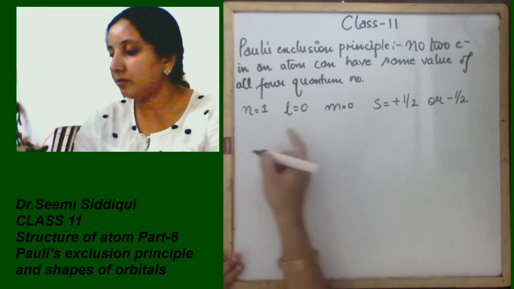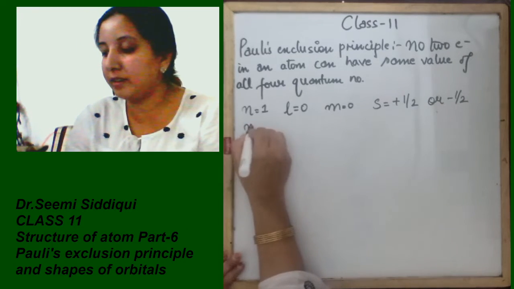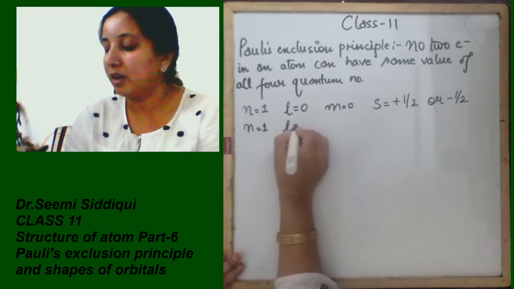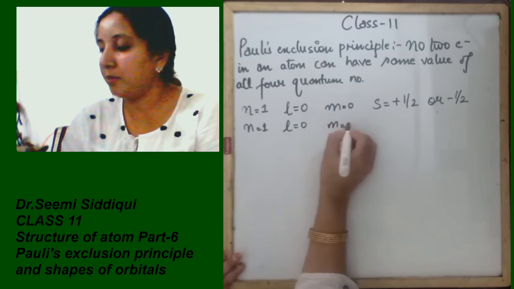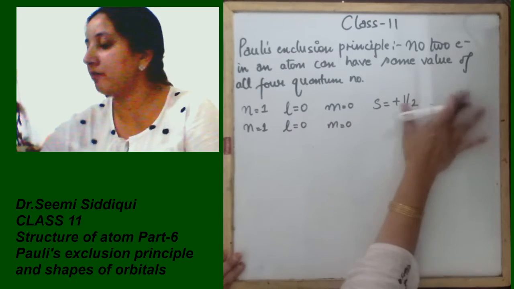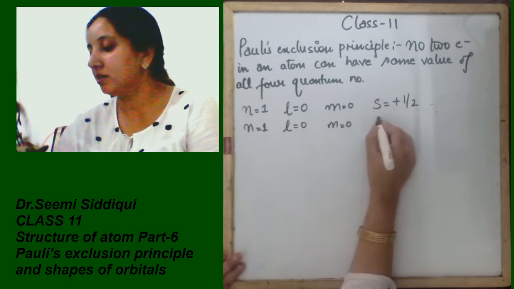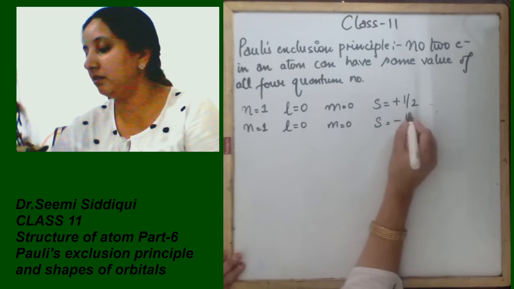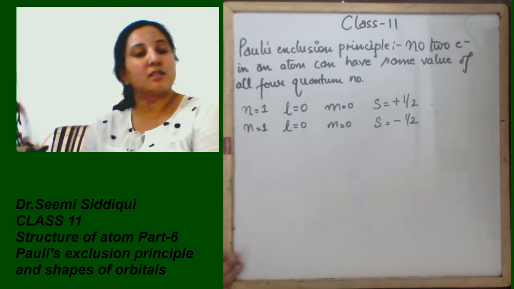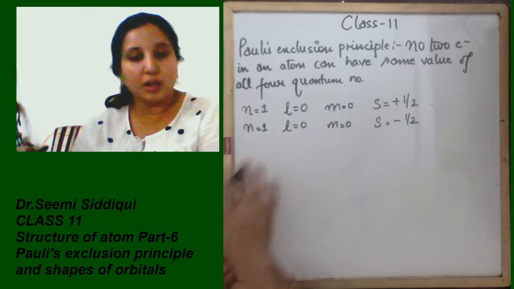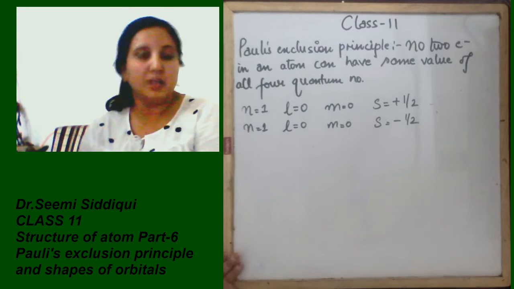Or you can write it like this also: n equal to 1, l equal to 0, m equal to 0. Upside I have written the plus half, so s can have the minus half. This is what our Pauli's exclusion principle says.